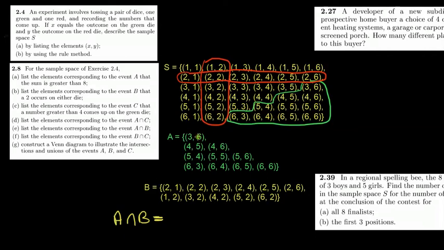So the outcome is in both A and in B. Does that ever happen? No, none of these outcomes in event A have a 2, right? But in B, they all have a 2, right? That's how B was defined. So the intersection is null.